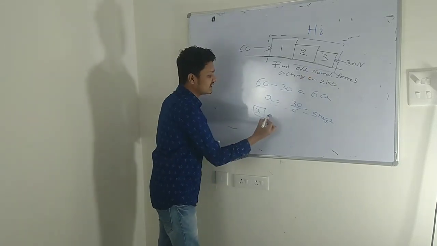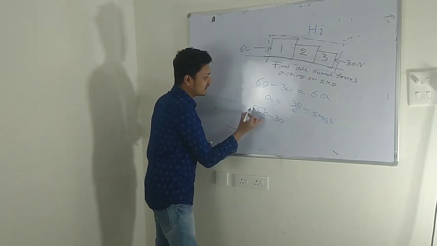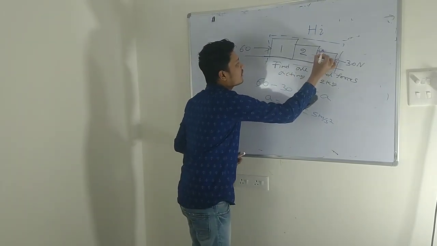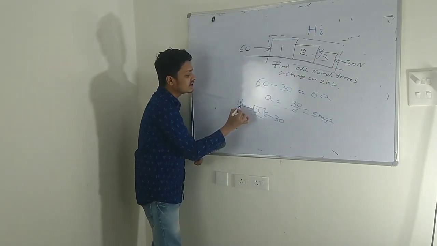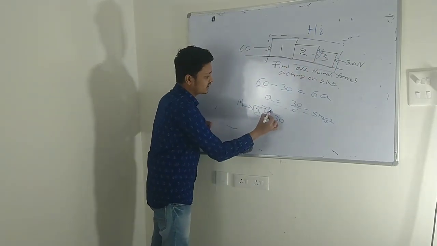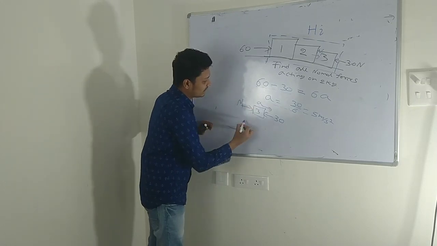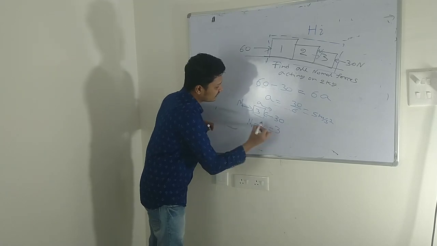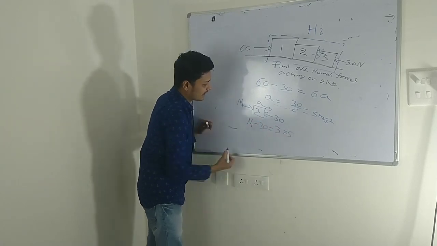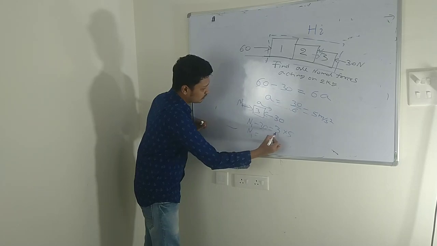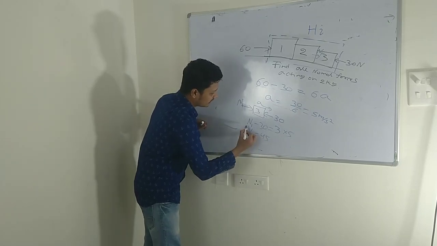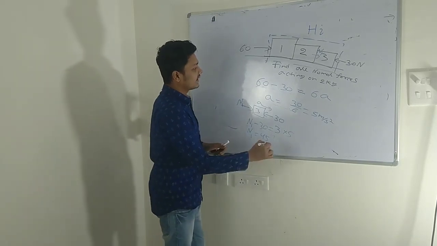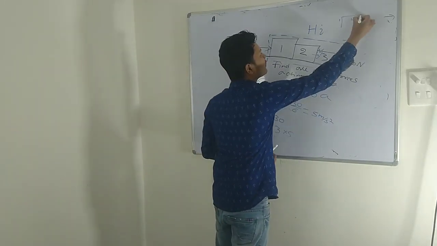Now let me take 3 kg as a system. If I take 3 kg as a system, the forces are, one is 30 and the other one, let's say some N1 normal force is acting on 3 kg due to 2 kg. So acceleration A is 5. So N1 minus 30 is equal to 3, the mass, into acceleration 5. So N1 is equal to 15 plus 30, 45. Now let me take 2 kg as a system here.